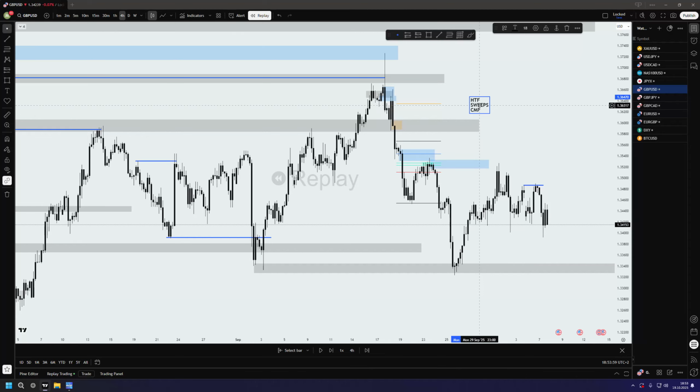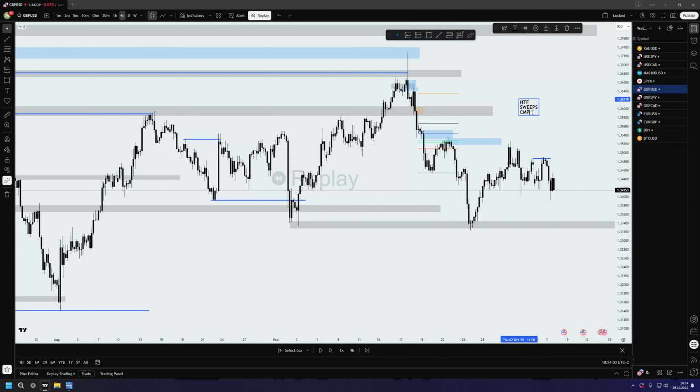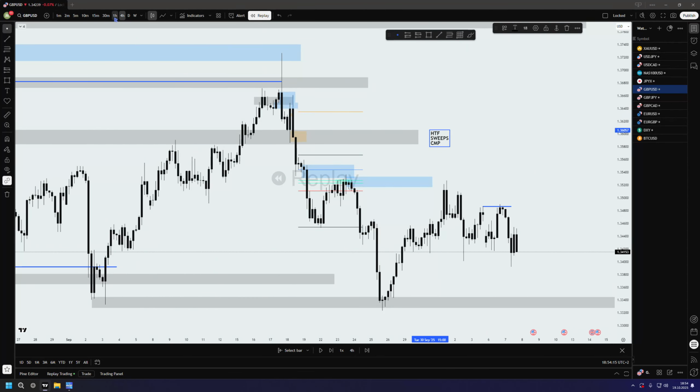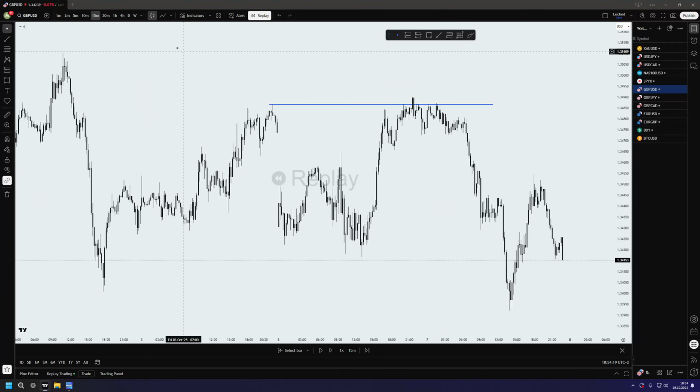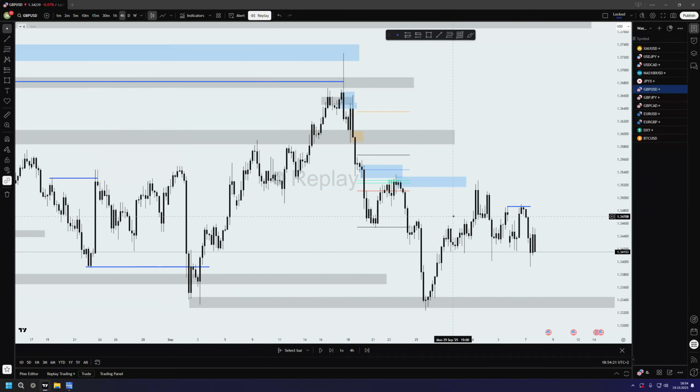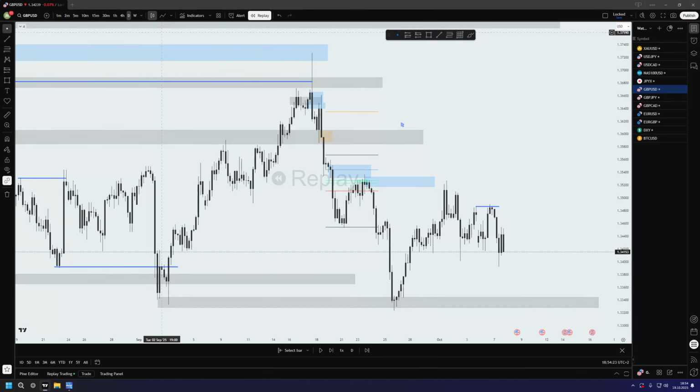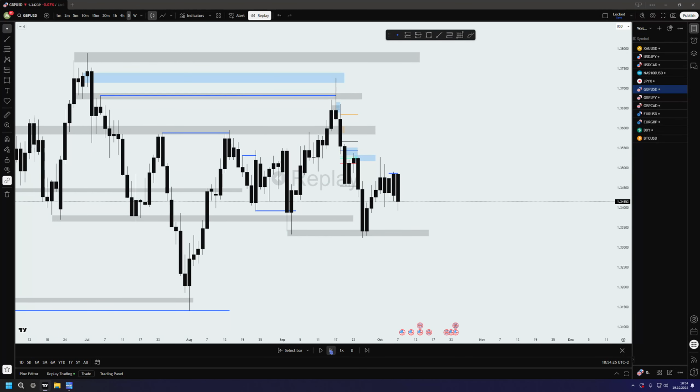I usually don't look for confirmations, but if you are not certain about some zone, you can seek confirmations on the lower time frame and even look for more sweeps on the lower time frame, like here. Okay, so let's see what will happen after this.